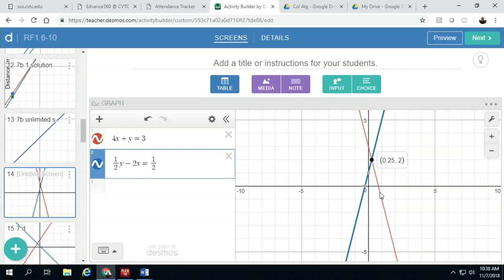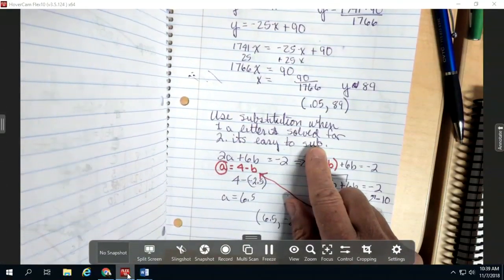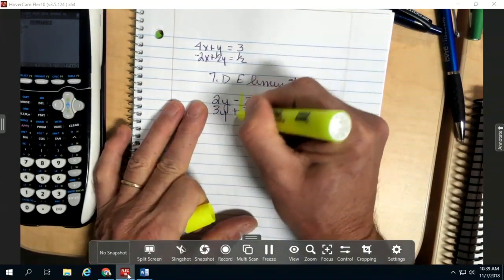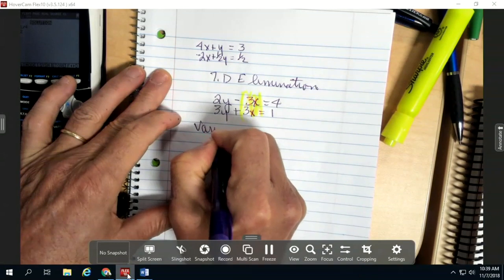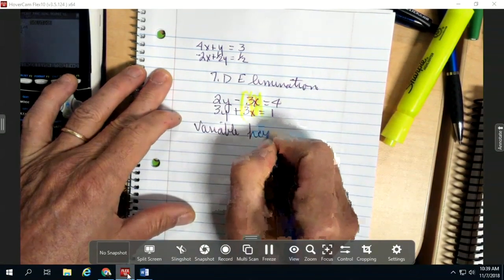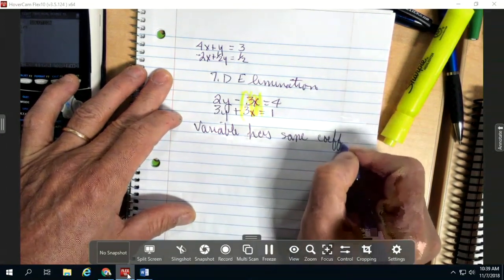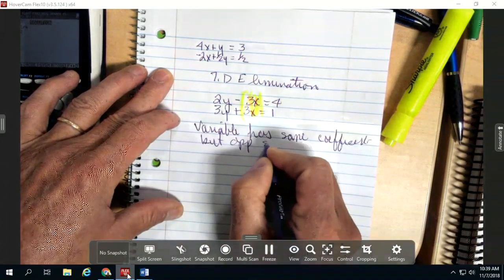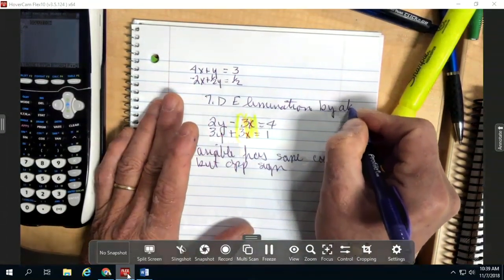So you know how I showed you that you should use substitution when a letter is solved for and when it's easy to solve? You should use elimination when the variables have the same coefficient but opposite sign. Now it said elimination by addition.